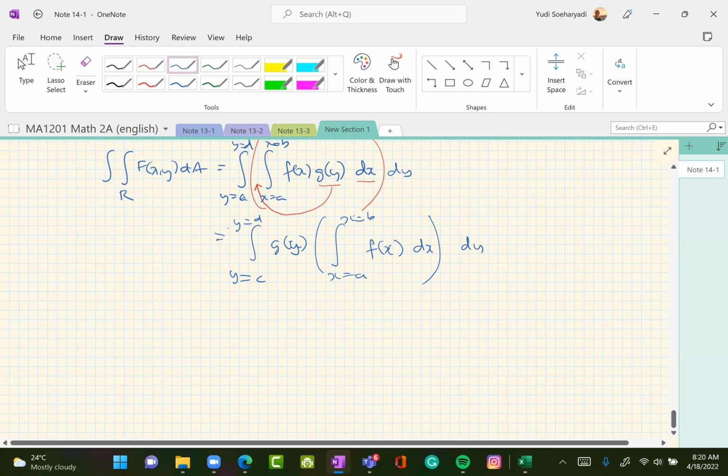Here, this is the integration of one variable. You integrate f with respect to x, right, and then plug in a and b for x. Of course, you get a number here, where the number is the integral. So this factors out also. Okay, so at the end you have this one.